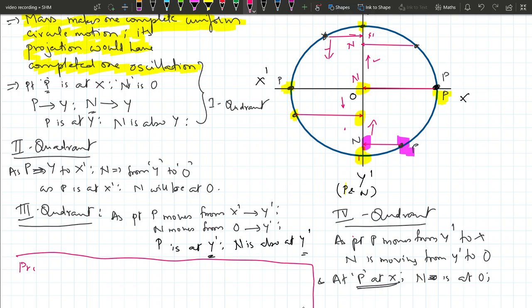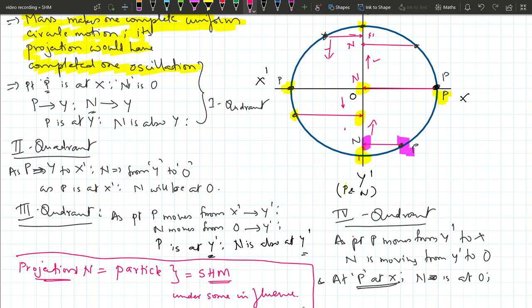Here, instead of projection N, if I replace it with some particle, then this particle would execute simple harmonic motion under some influence.